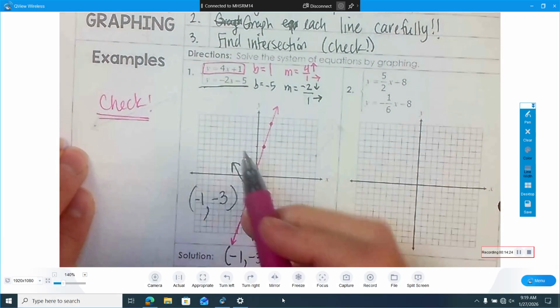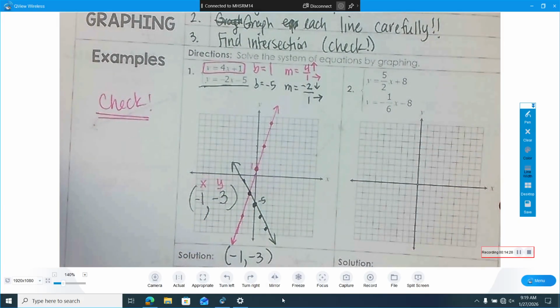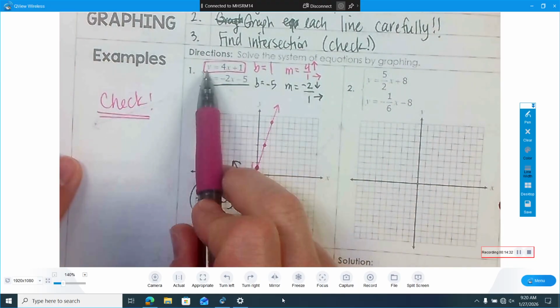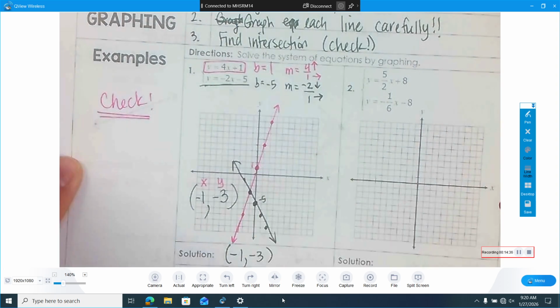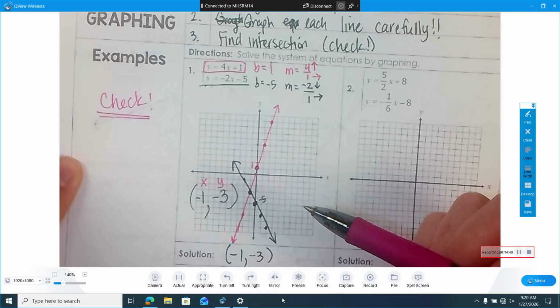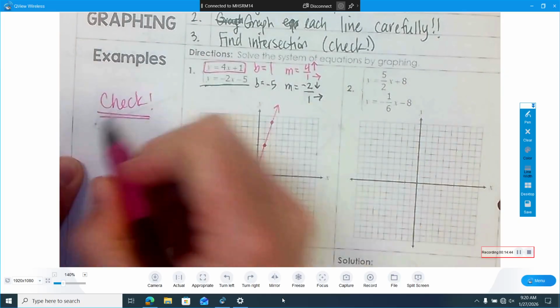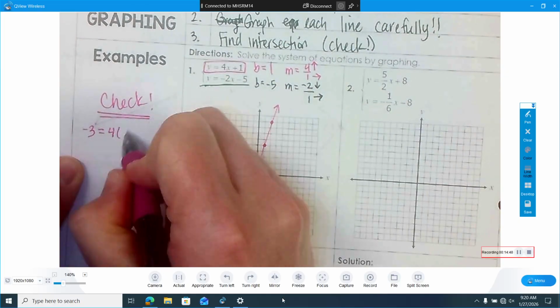We can check because we're given an ordered pair, an x and y value. And so we go back to our equations and we're going to plug in. What am I going to plug in for y? The y has the value of -3, so that's going to go in there. And then 4, what goes in place of the x?